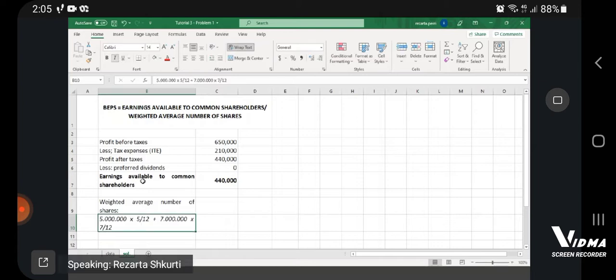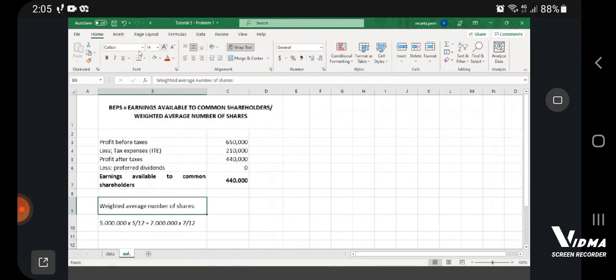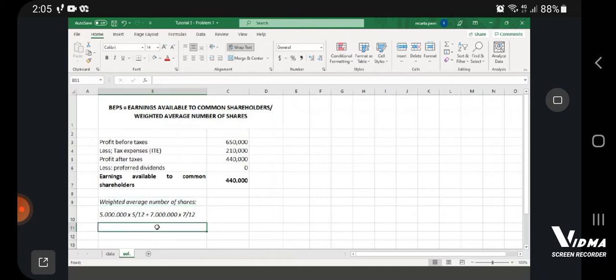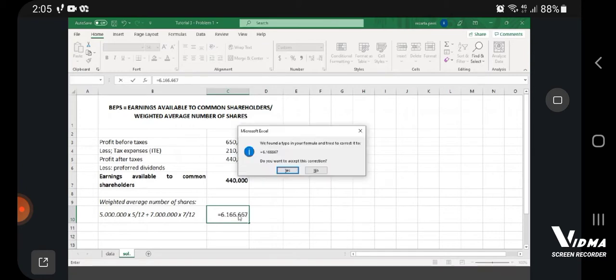So we can take into account the period of time that they have been outstanding, which is what the calculation of weighted average number of shares actually requires. So if we make the calculations over here, it will be 6,166,667.